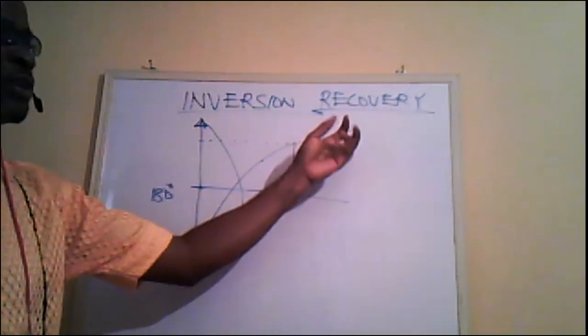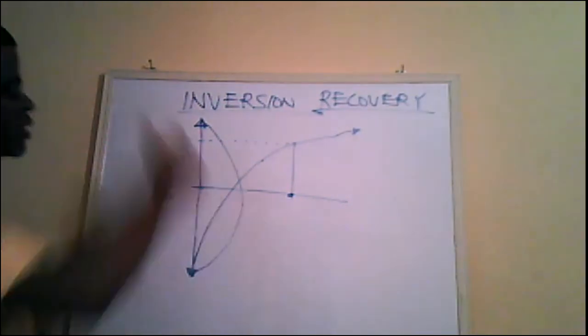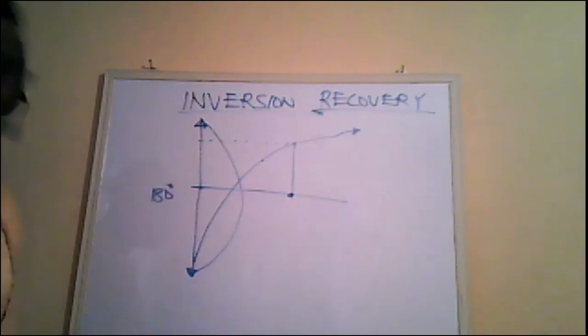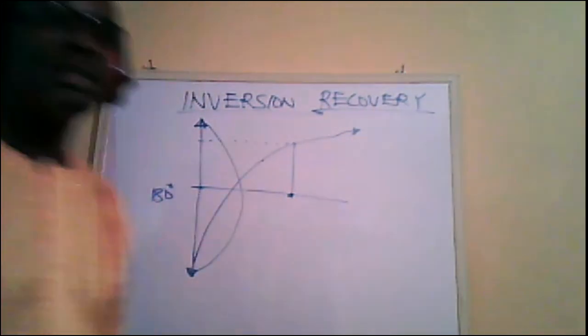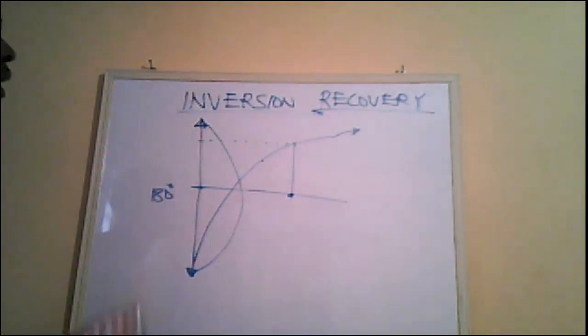Why would we go through this process of knocking down the longitudinal magnetization in the opposite direction, when at the end of the day we have a lesser signal? We have so many reasons for that, which we are going to look at.